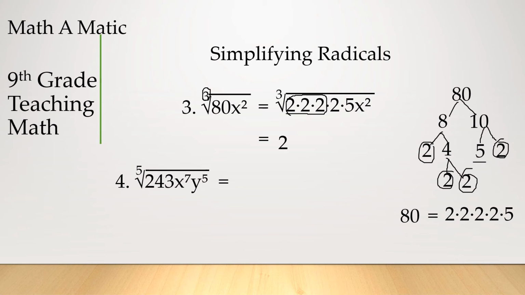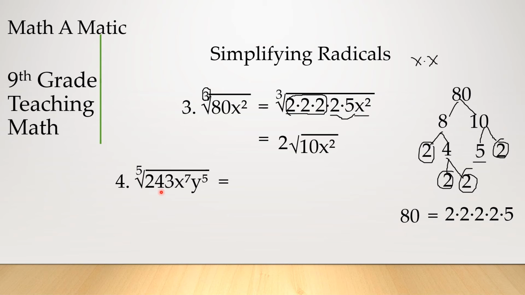And what we have left here is 2 times 5x squared, so that is now 10x squared inside the radical sign. Why? Because x squared is not a perfect cube. That's only x times x. A perfect cube should be multiplying itself 3 times.